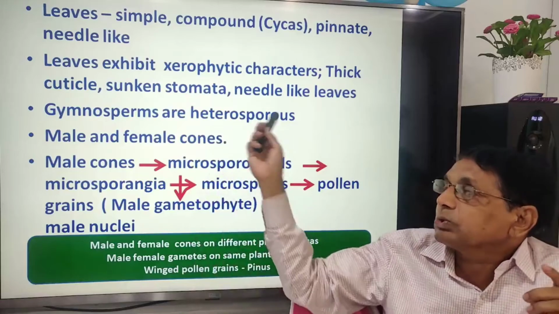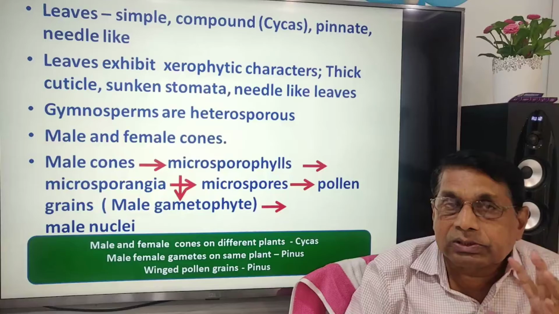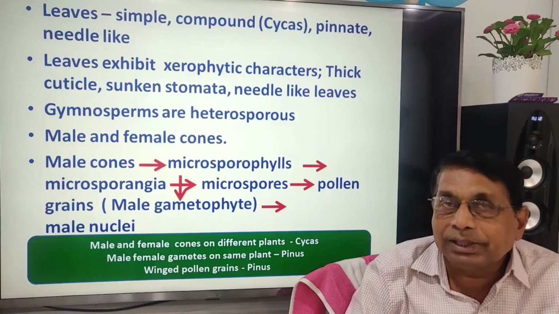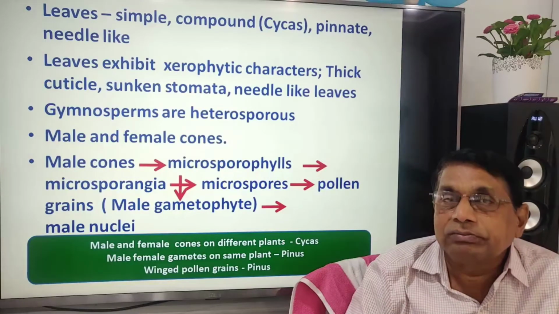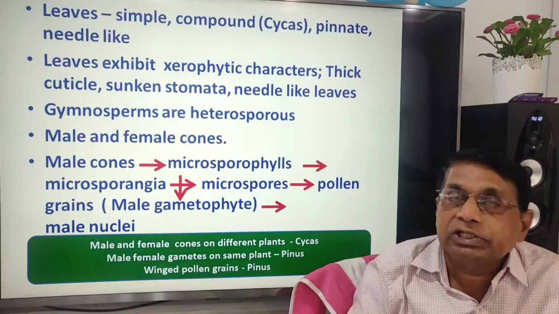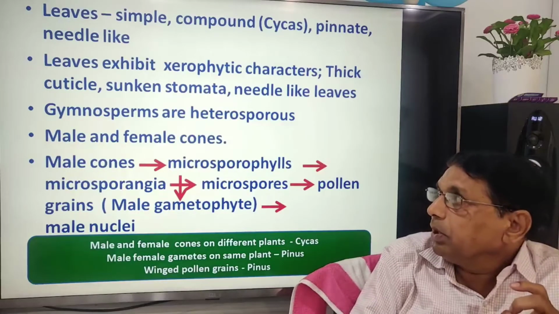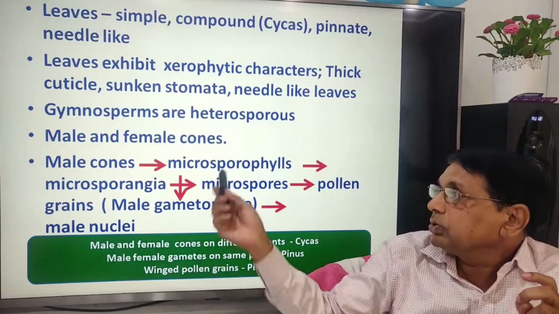Gymnosperms are heterosporous, meaning the plant produces male cones, male gametangia, and female gametangia. They are different; we can very easily differentiate. Therefore, they are heterosporous: male and female cones.